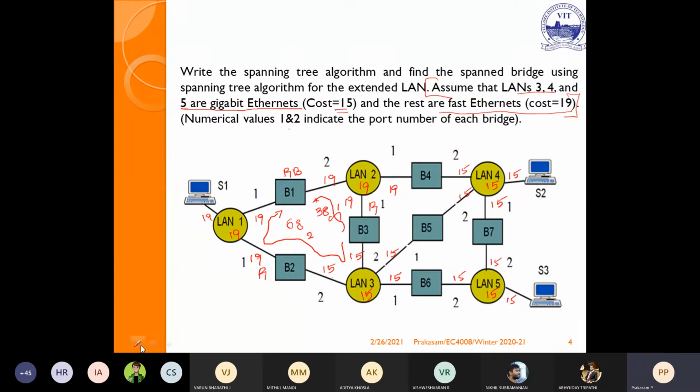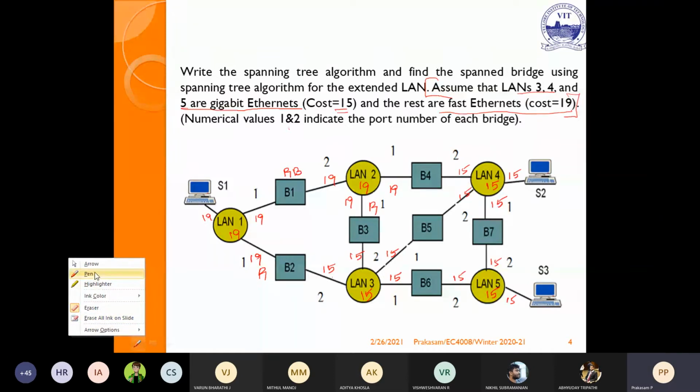Next, I am going to find the root port for B4. It is very easy only if you understand the concept. If you proceed step by step, you will get the correct answer without any mistake.